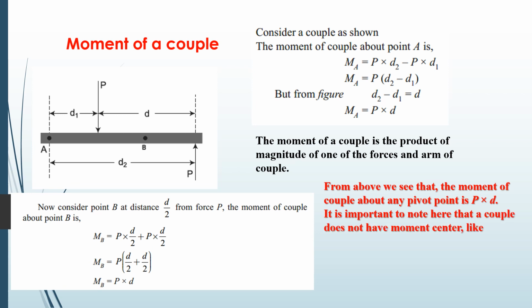It is important to note here that a couple does not have a moment center like the moment of a force. A couple has the same moment about all points on a body. This is the important property, we need to remember it.